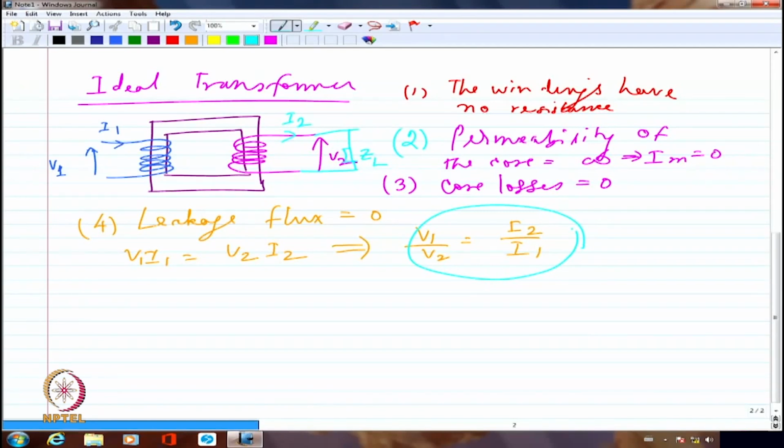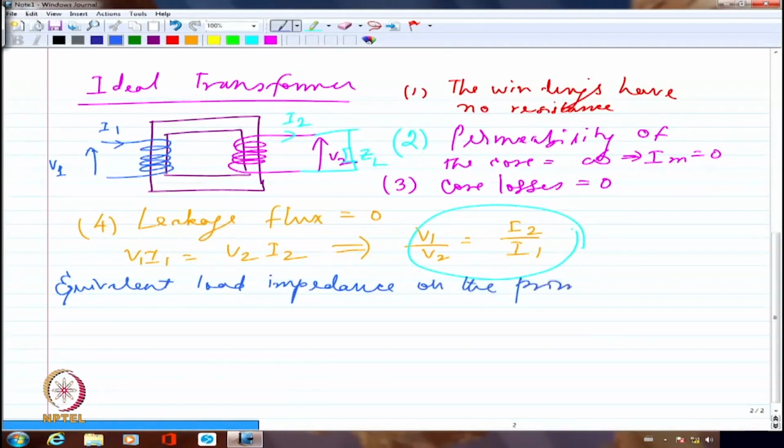So if I want to find out what is the equivalent load impedance on the primary side, I want to transfer the impedance. So I have to see how I do it. I want to see what is the load on the primary side.